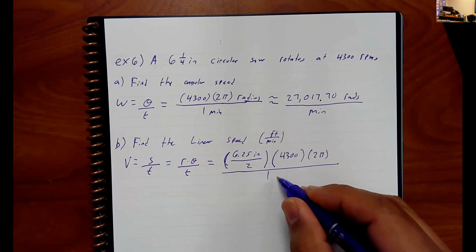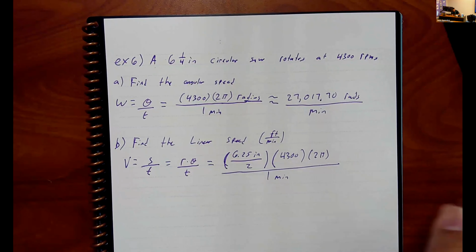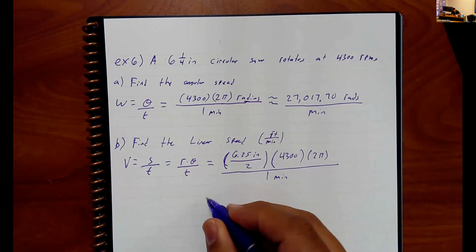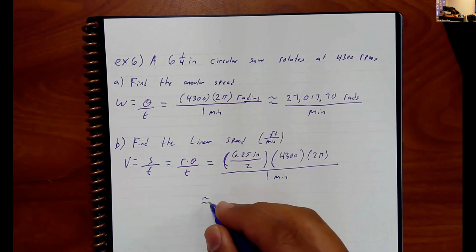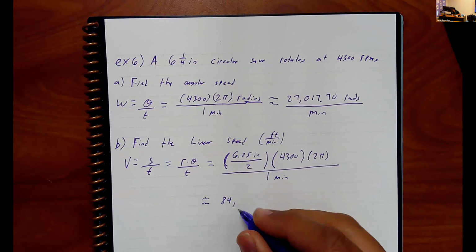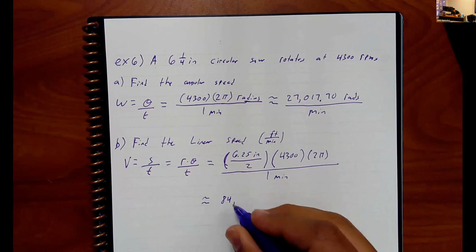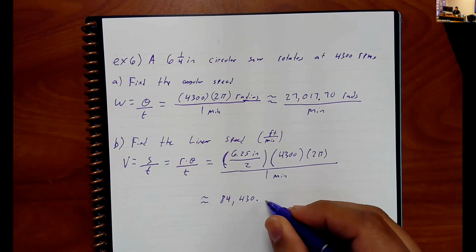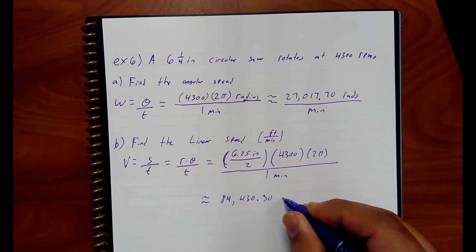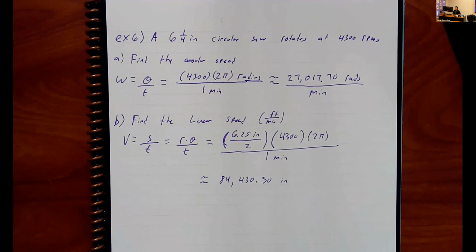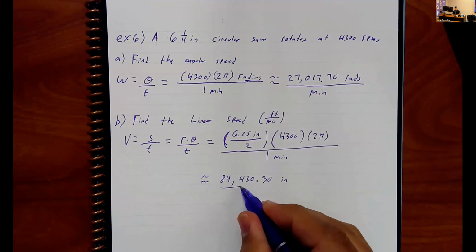This will be 1 minute, per minute, right? So multiply all this garbage out. You should get approximately 84,430.30 inches per minute.